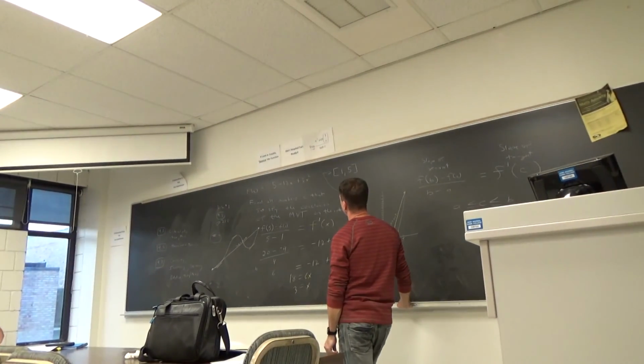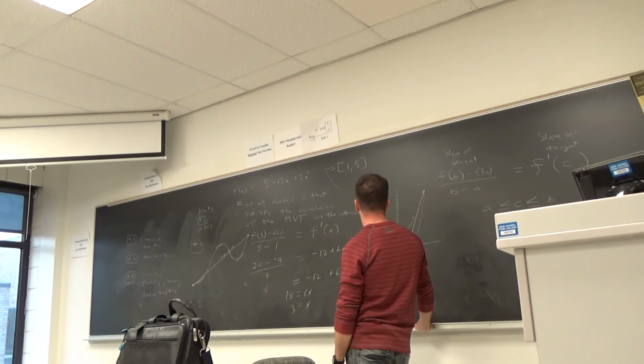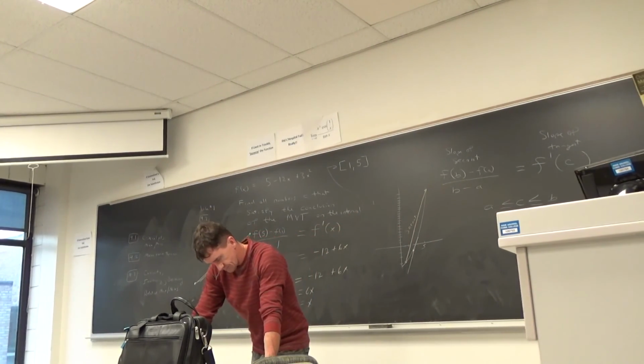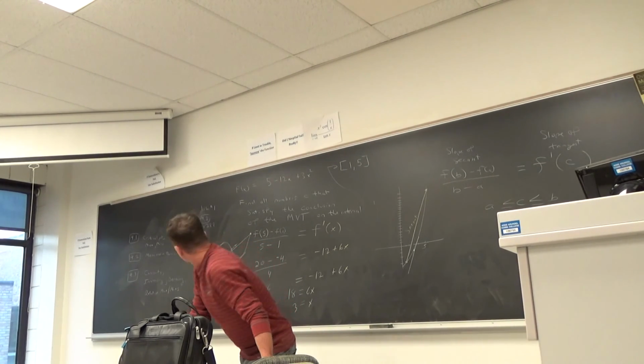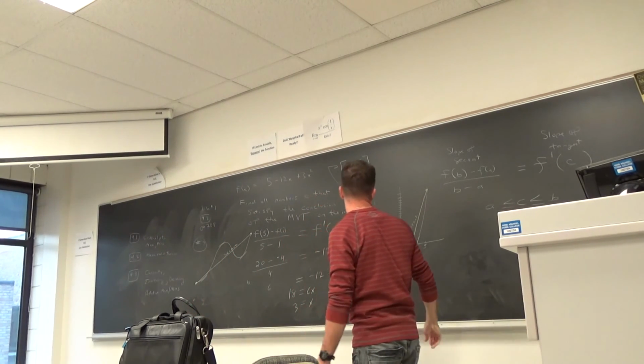let me come up with a number. I think I'll use 3. Let's see. 5 minus 12x, 3x squared. Just make sure. 3.